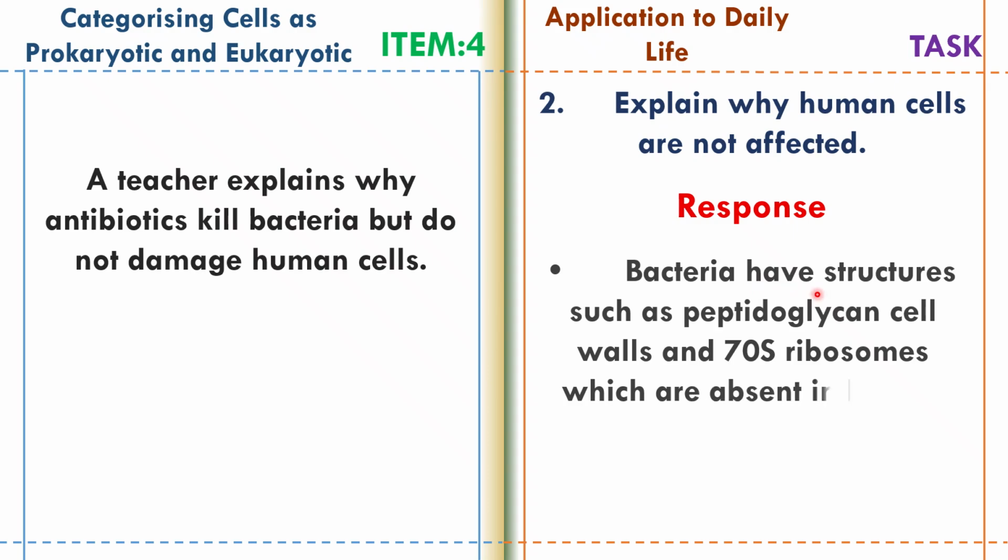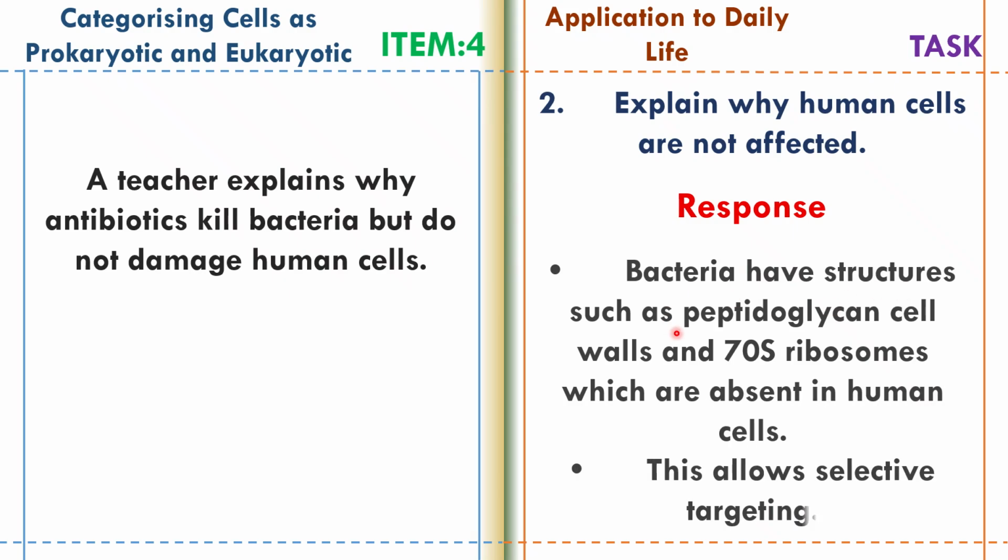Bacteria have structures such as peptidoglycan cell walls and 70S ribosomes, which are absent in human cells. This allows selective targeting.